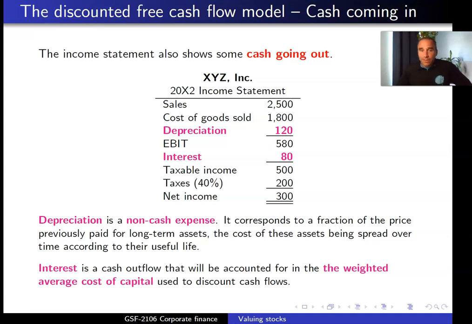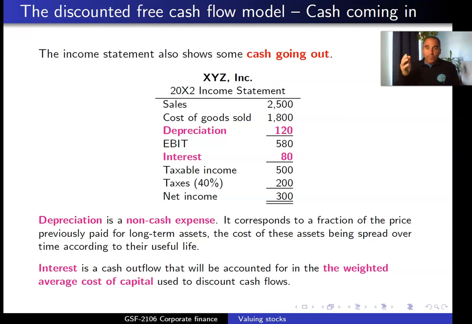Depreciation is the variable cost associated to using equipment that has been purchased a long time ago. So the actual expense to buy the equipment has been made a long time ago. But if we say we bought an equipment that was costing $1,200 and we plan on using it for 10 years, we can amortize the $1,200 over 10 years.